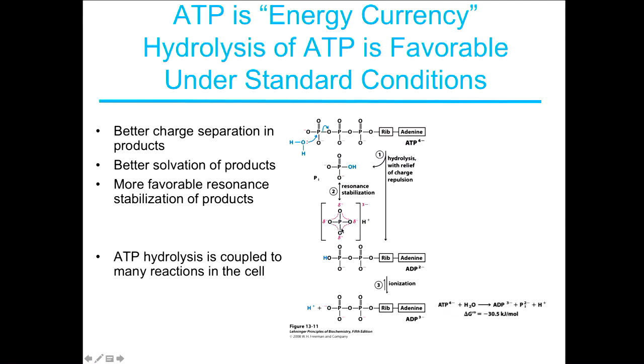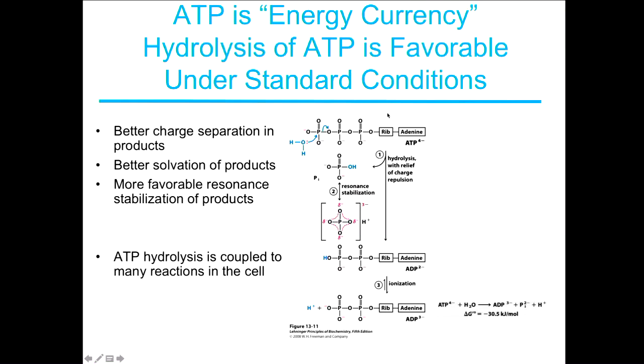It becomes a very stable molecule floating around in solution. You also get some ionization of the ADP, so you can lose this proton. And to get this molecule to come back up here and this molecule to come back up here and bring everything back together again is going to be challenging.